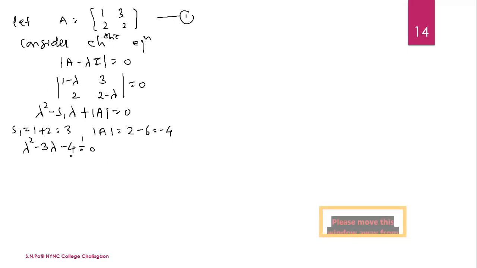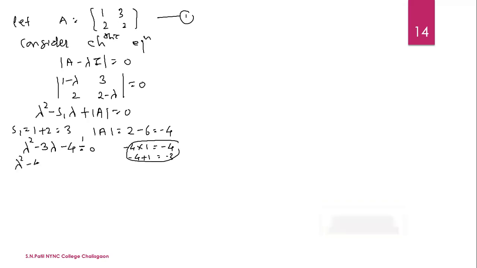Okay, now we find two numbers whose product is -4 and sum is -3. Otherwise you can apply the direct calculator. Here the two numbers -4 and 1: product is -4, and -4 plus 1 is equal to -3. We adjust these numbers in this polynomial. Lambda square minus 4 lambda plus lambda minus 4 is equal to 0.